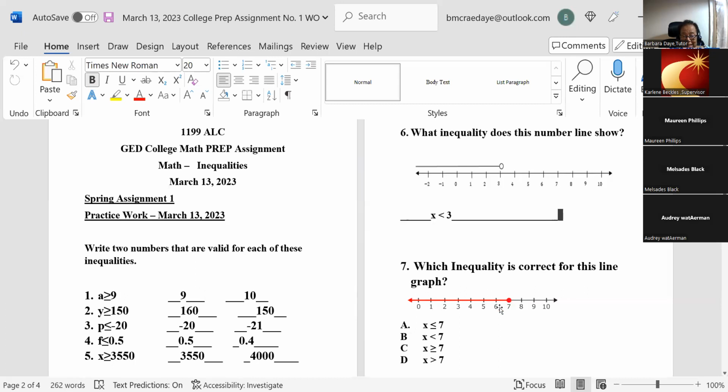Because the shaded dot is always a greater than or equal or a less than or equal. It cannot be a less than, it cannot be a greater than. That's why you can eliminate B and D. So now you have two choices, A and C.